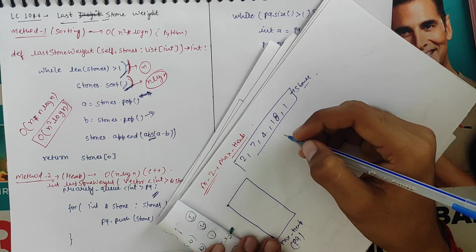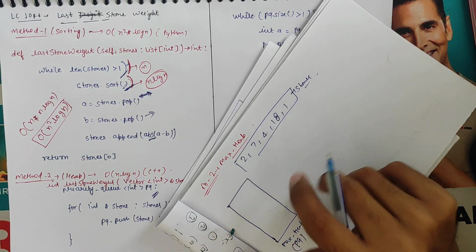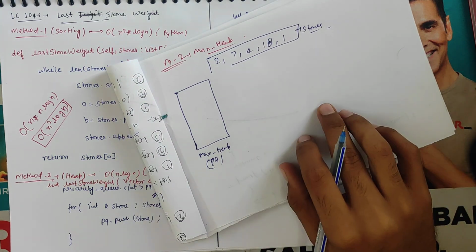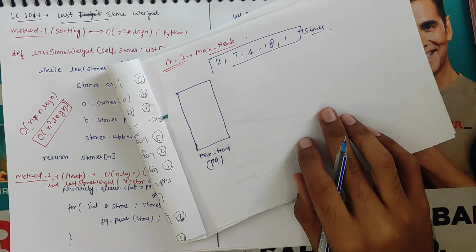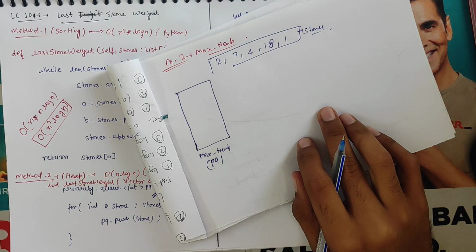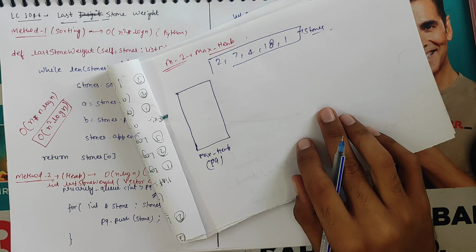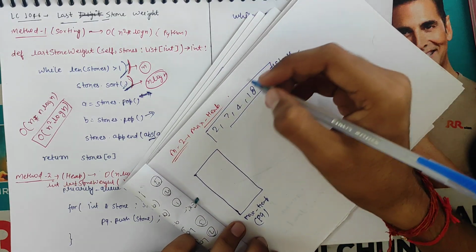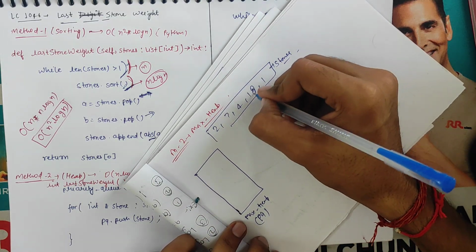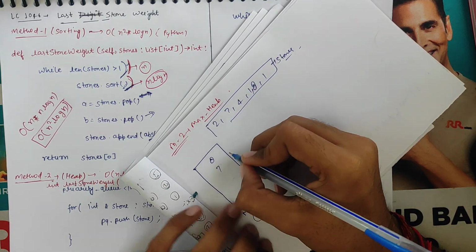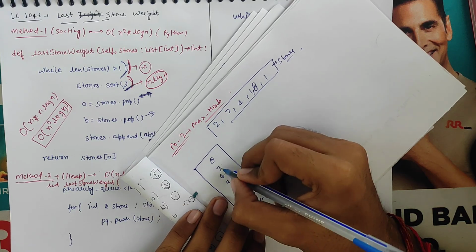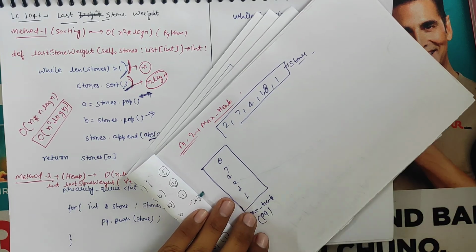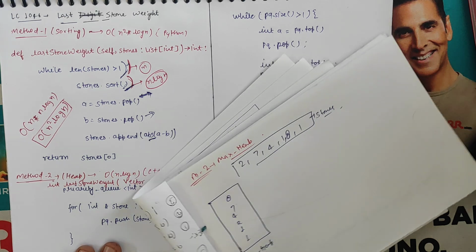There is a unique property of the max heap that when we push the elements in, all the elements align themselves in decreasing order. The highest element will be present at the top, and every other element next to it in decreasing order. So this is the max heap, 8, 7, 4, 2, 1, 1. Now we have pushed every single element into the max heap.